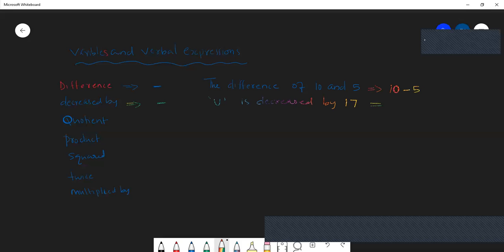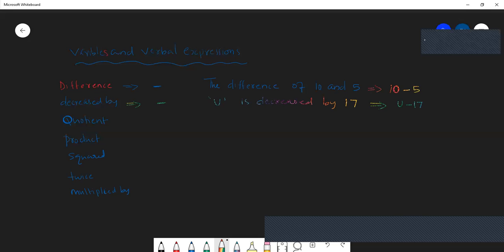Its corresponding algebraic expression is u minus 17. So you need to understand the corresponding algebraic expression for each verbal term.